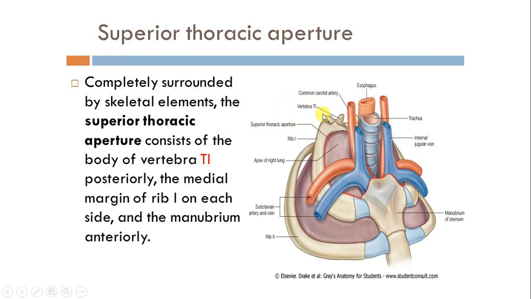So if we see this slide, here is shown the superior thoracic aperture, meaning that aperture through which the thorax is attached to the neck.